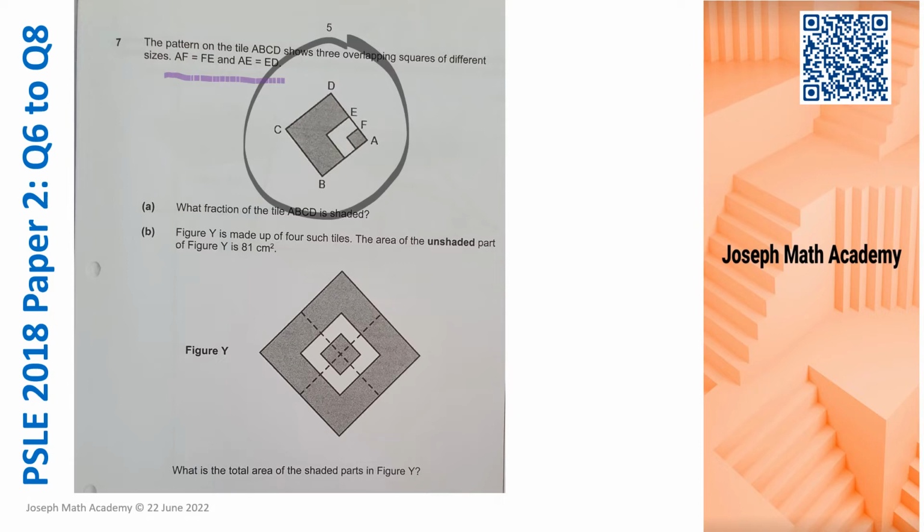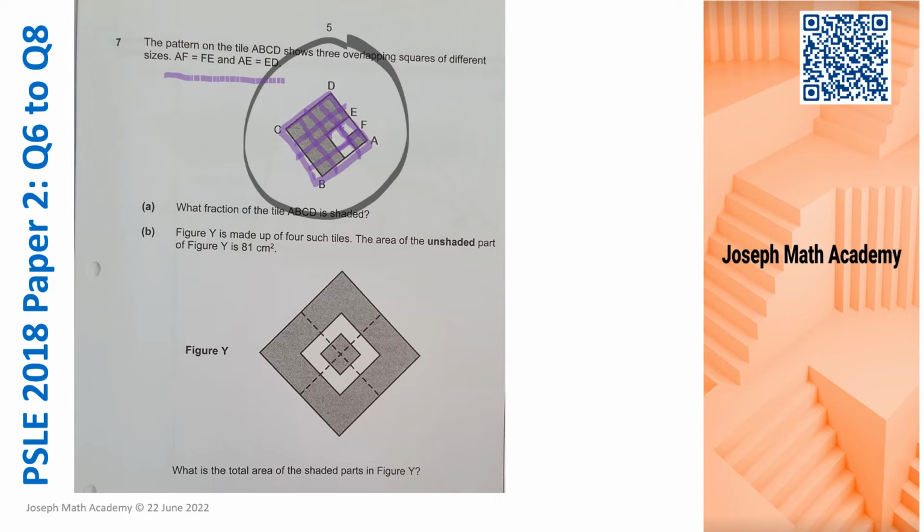Now, if AF is equal to FE, we can cut this further into 4 squares. And AE is equal to ED means that I can further cut this. So this is the final info.